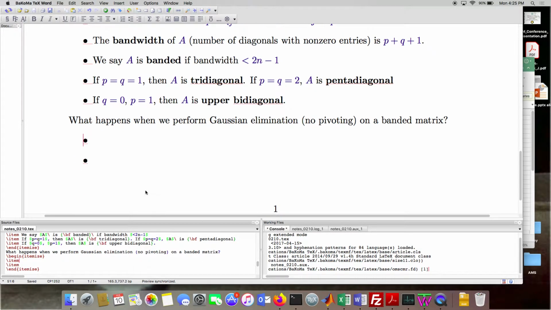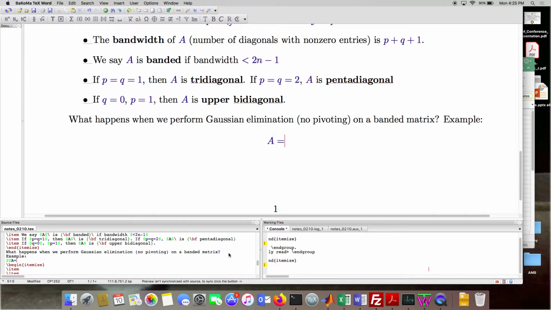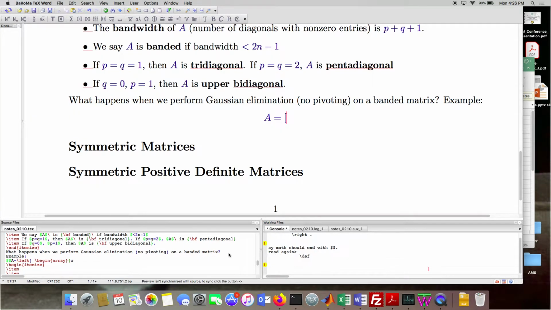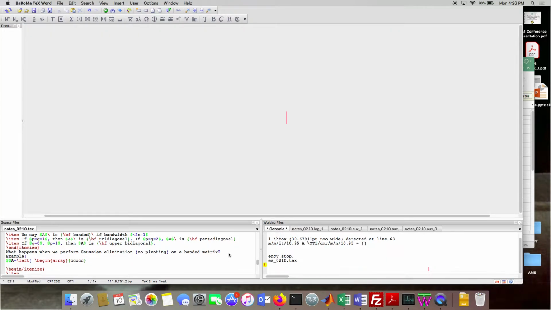Okay. Actually, I think what I'll do is sort of carry out an example. But I don't feel like making up numbers.